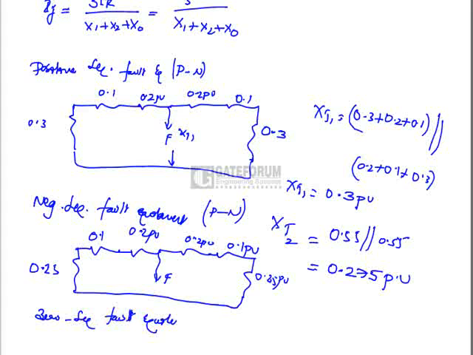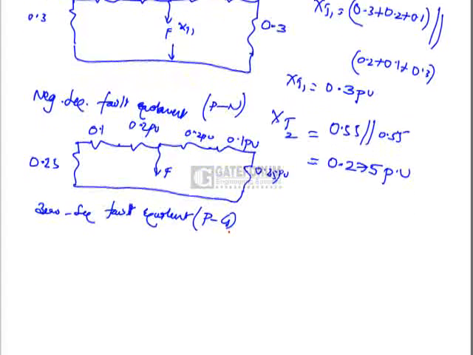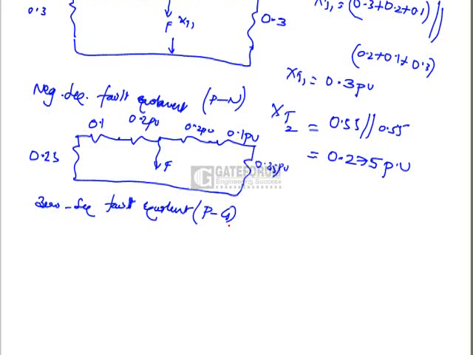Now the important one is zero sequence fault equivalent circuit. Now what is zero sequence fault equivalent circuit? It is drawn between phase to ground. Okay, so type of connections in transformer and generators are very important here while you are drawing zero sequence fault reactance.